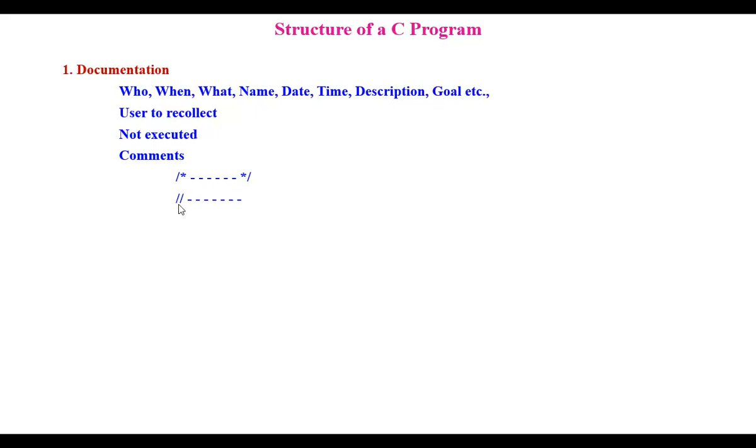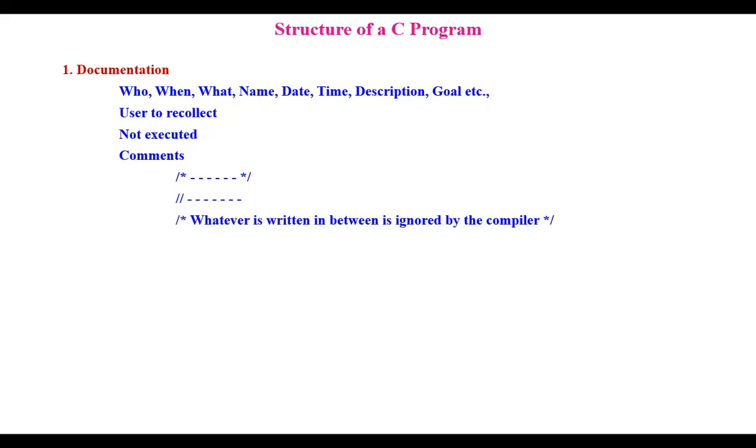Also, we can use two forward slashes and write something. In the end, it's not necessary. Only here we need it in the beginning as well as in the end, but here we don't need this. Only in the beginning we need them. Two forward slashes and write whatever information you want.